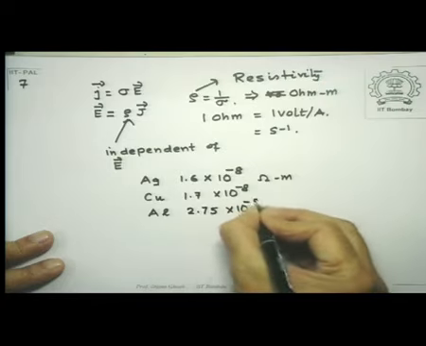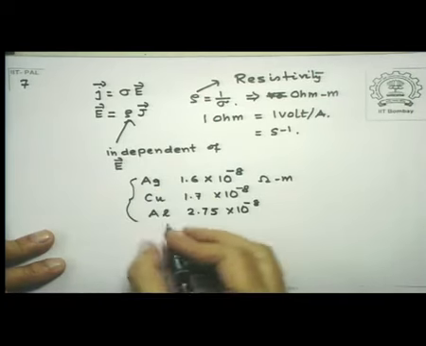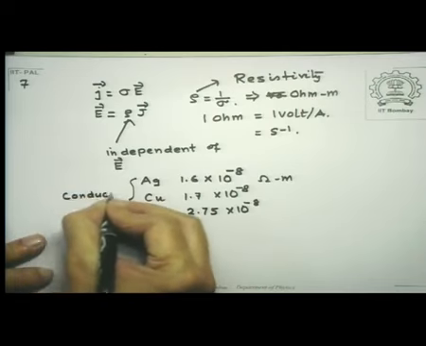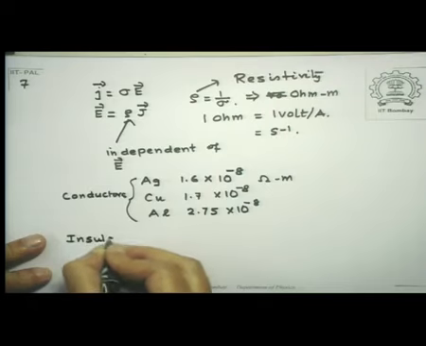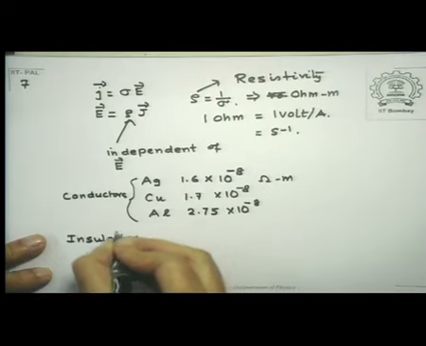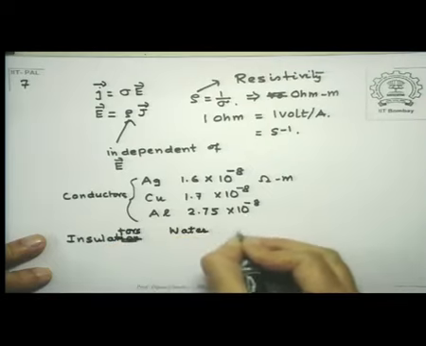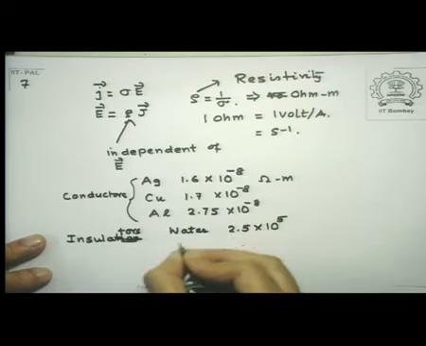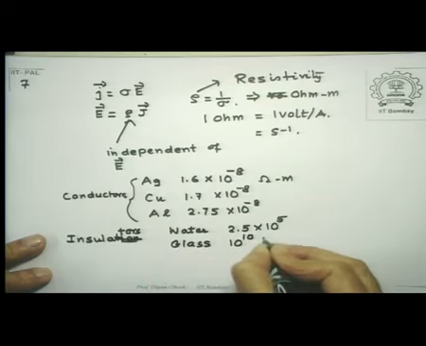These are some good conductors. On the other end of the spectrum, there are good insulators. Insulators are those which do not readily conduct electricity. Typically, water is 2.5 times 10 to the power 5 ohm meter. Glass can have a value between 10 to the power 10 to 10 to the power 14.